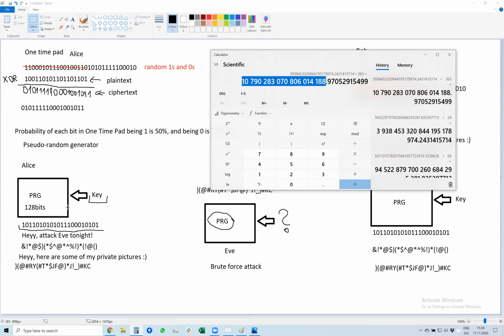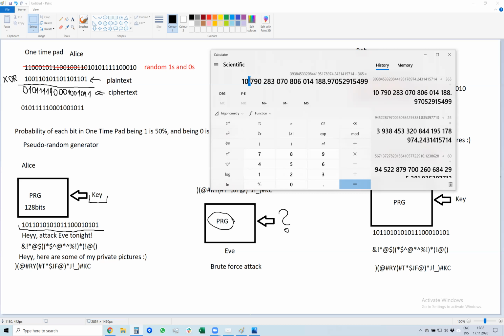Okay, so I don't know how much is it. It is so 1,000, 1 million, 1 billion, 1 trillion, 1 quadrillion. I don't even know the names of these big numbers, but generally this is an extremely big number.